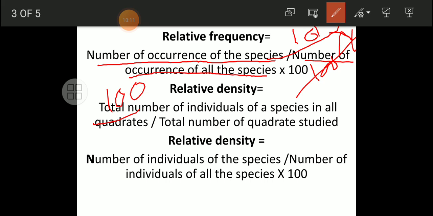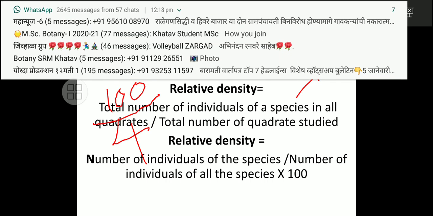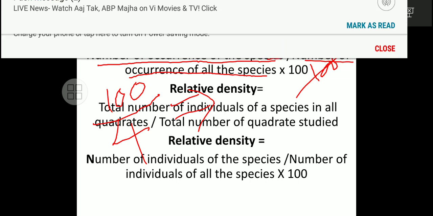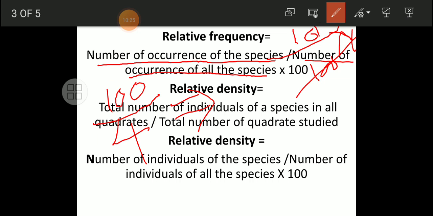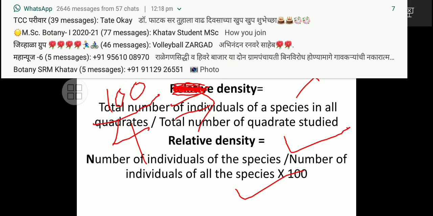Total number of quadrats studied, earlier we took 4, so 4 only. So this is not actually relative density, this is density only. The relative density formula is given here. The relative density is calculated by the number of individuals of the species divided by the number of individuals of all the species, into 100. That is the formula.